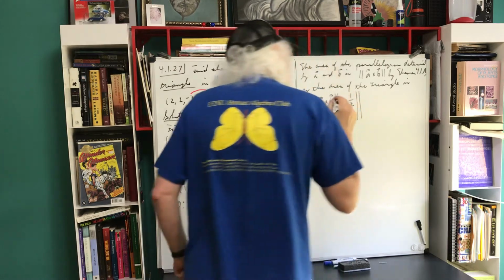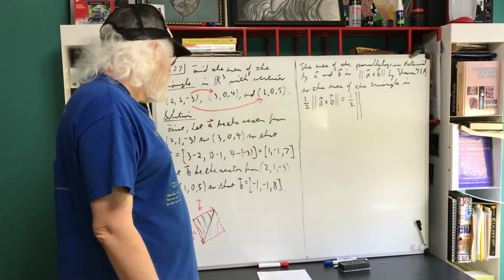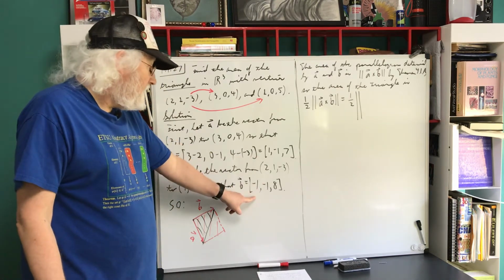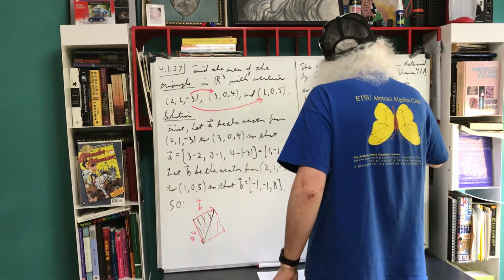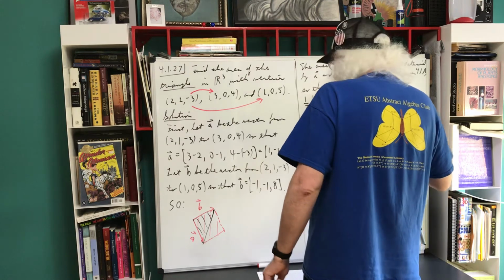Let's figure out A cross B. We've got the components of A and the components of B, and we want to take a cross product. We've done that symbolically by taking determinants of 3 by 3 matrices.